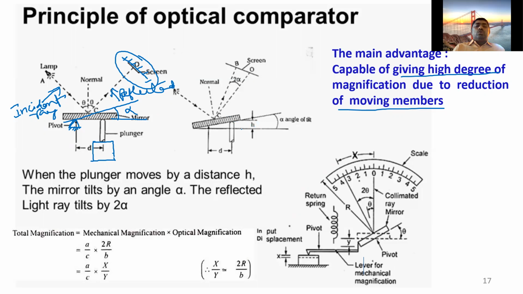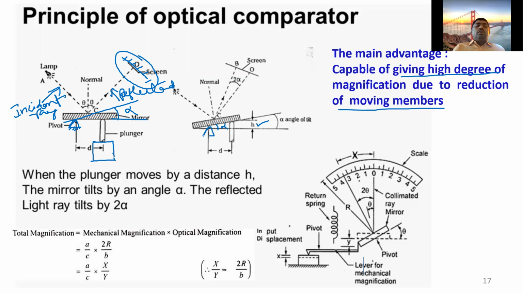The plunger moves through a height h because of the variation in the dimensions of the component. So the mirror moves through a distance h and makes an angle alpha with the horizontal or datum.